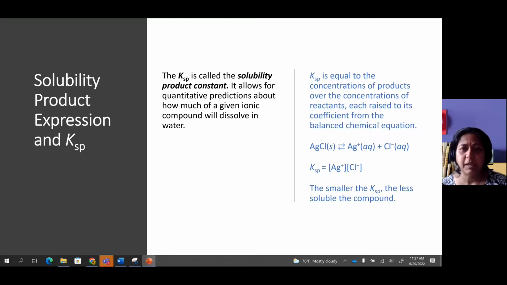So what is Ksp? Ksp is called the equilibrium constant for the solubility product.